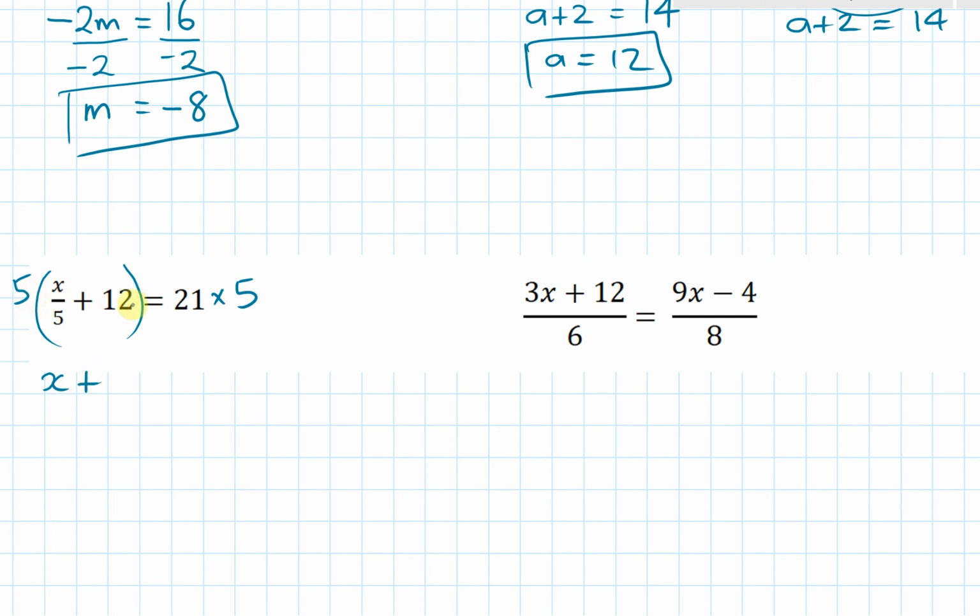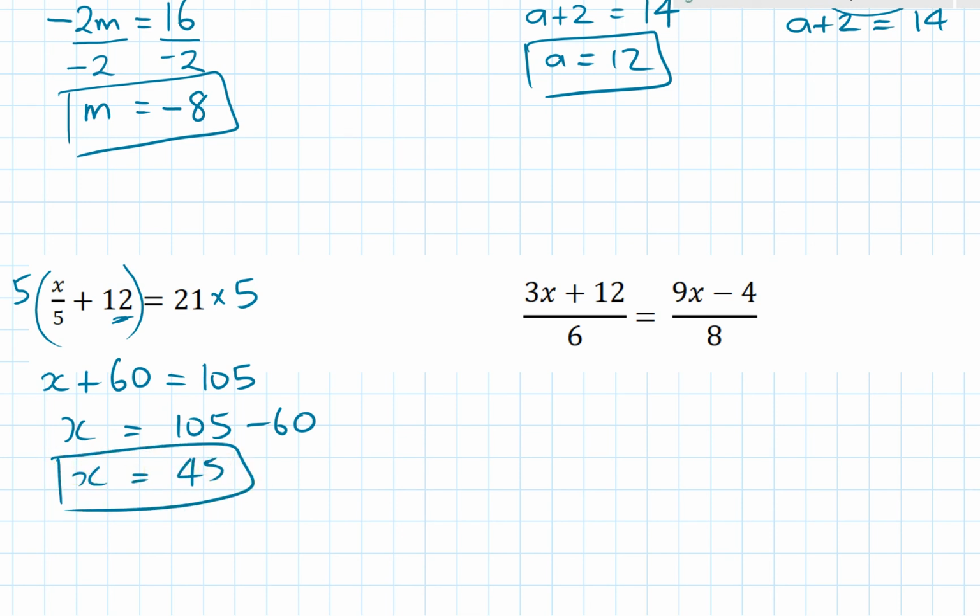Plus, that 5 is also multiplying the 12, so you do need to do that multiplication. So 5 times 12 is 60, equals 21 times 5 is 105. Okay, so we can see now that x is equal to 105 subtract 60, which is 45.